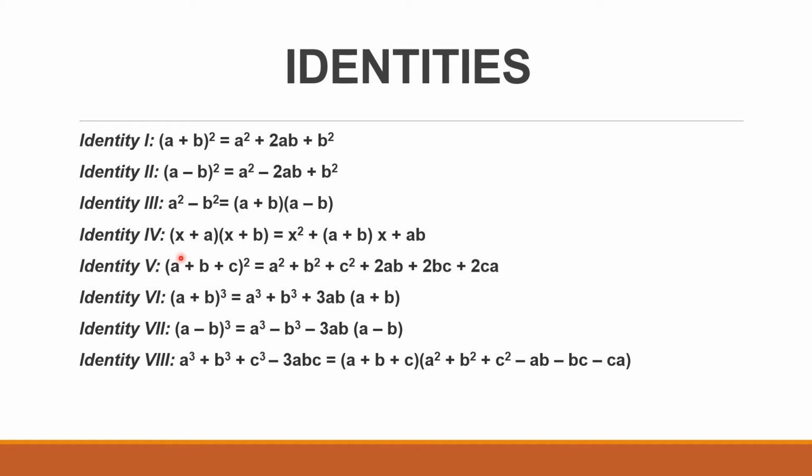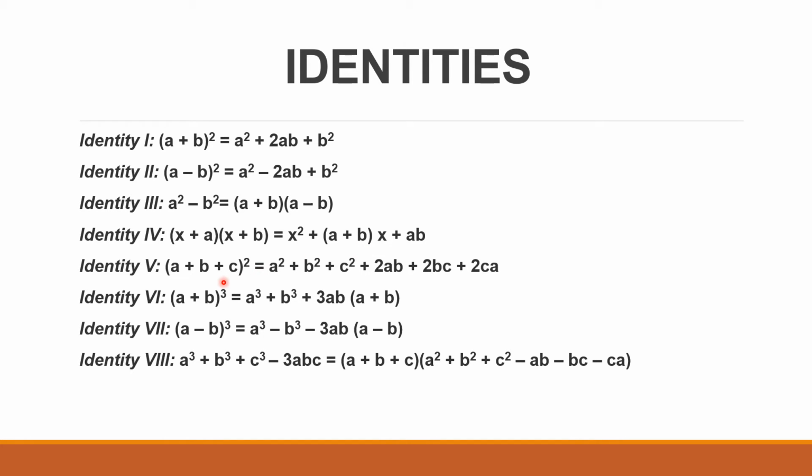The fourth identity, x plus a and x plus b, gives x square plus a plus b into x plus ab. If a and b are negative terms, we use them with the negative sign. We can easily put the values and solve our questions.